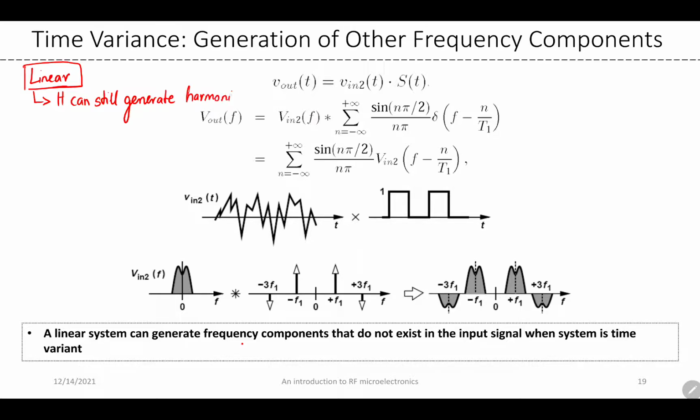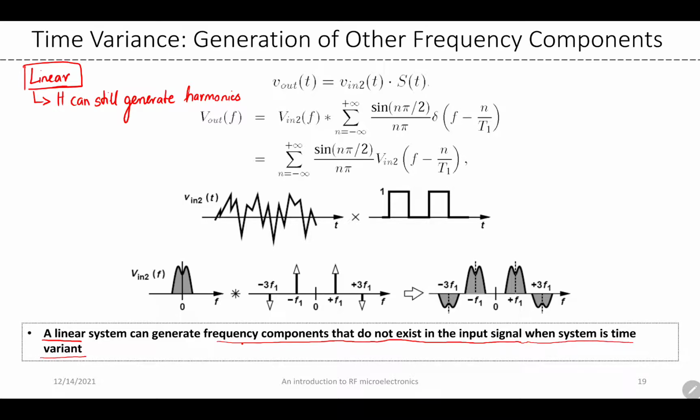This is not intuitive, but this is exactly the purpose of this section. I mentioned that there's something I want you to remember. The point I want you to remember is that a linear system can generate frequency components that do not exist in the input signal when the system is time variant.